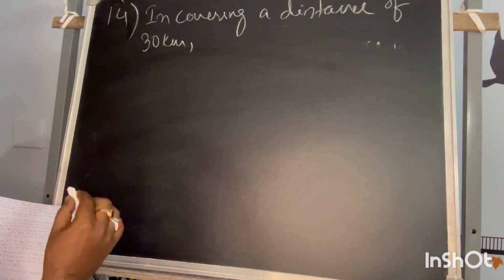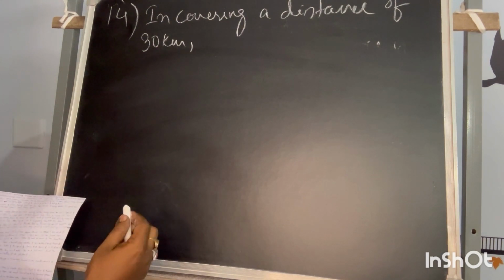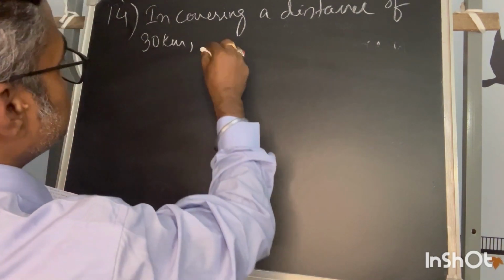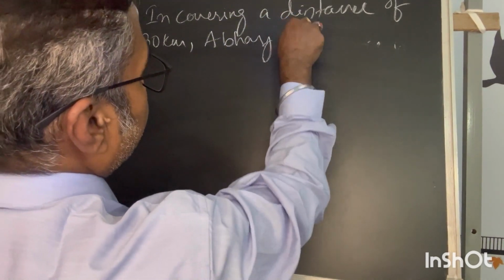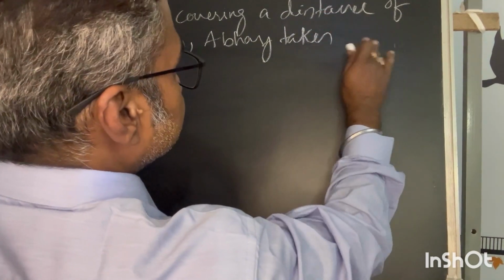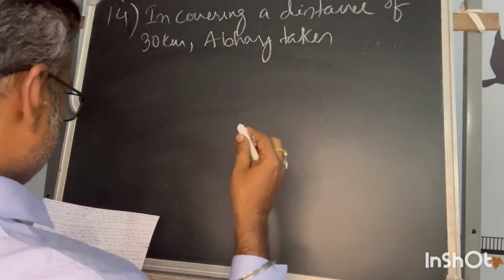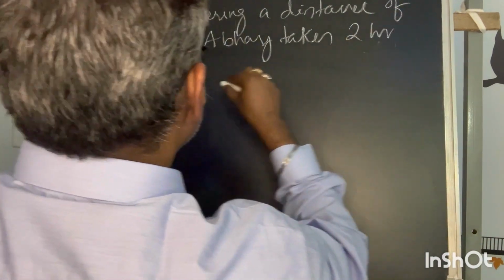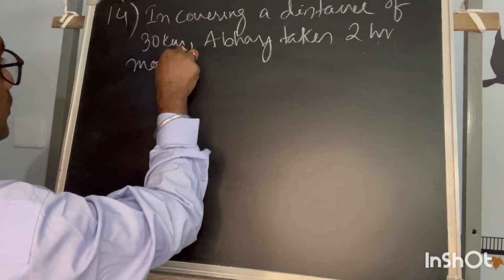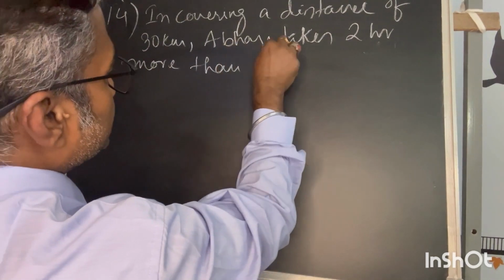So be attentive. In covering a distance of 30 kilometer, Abhay takes 2 hours more than Samir.